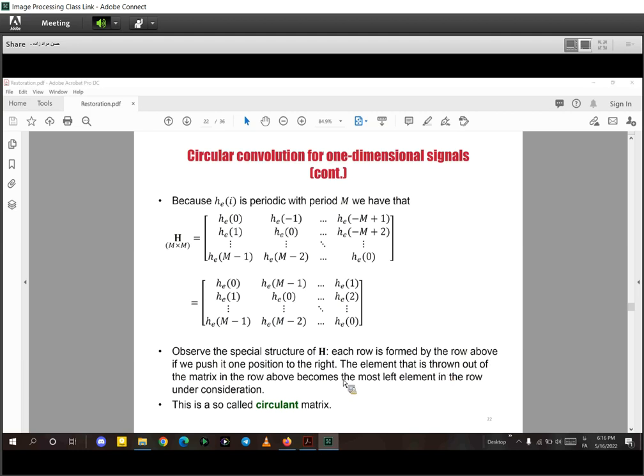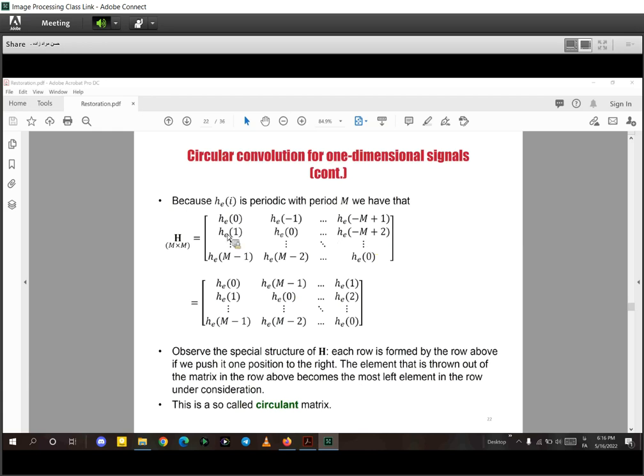The element that is thrown out of the matrix in the row above becomes the leftmost element in the row under consideration. For example, here it's 1 plus 1.